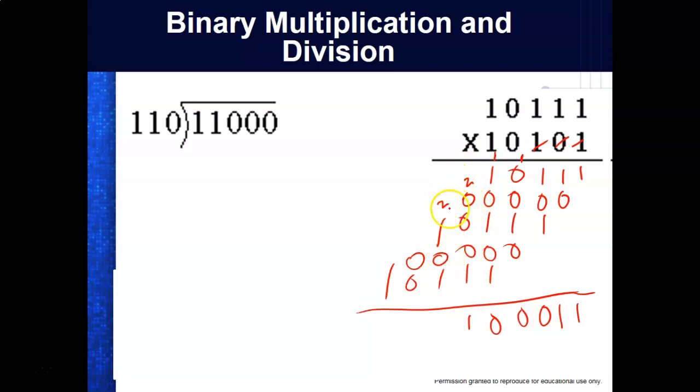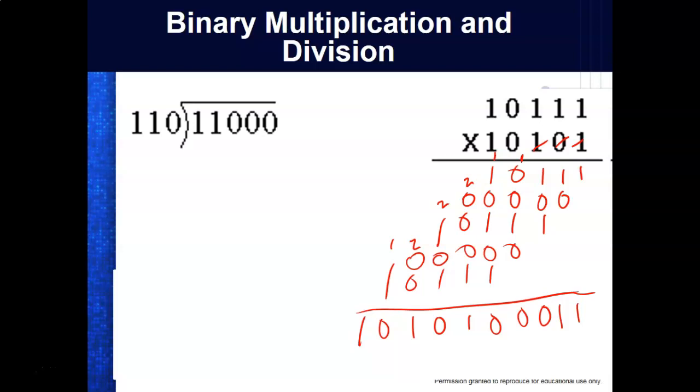And then this right here would be 4, so it'd be a 0 carried with two 1s. That'd be 1 with a carry of 1. That'd be 0, 1. So what you do on this one is you carry a 1 every time you have two 1s. So you just count the number. And that's multiplication.